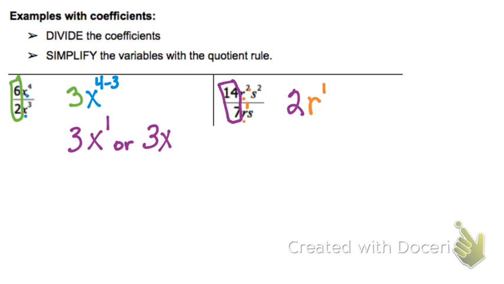And the same here. The s's, I have s to the second power, and then I have s to the first power. So again, 2 minus 1, you subtract the exponents, and that's 1. Anything to the first power, you usually don't write it, so I'm just going to simplify this as 2 times r times s.